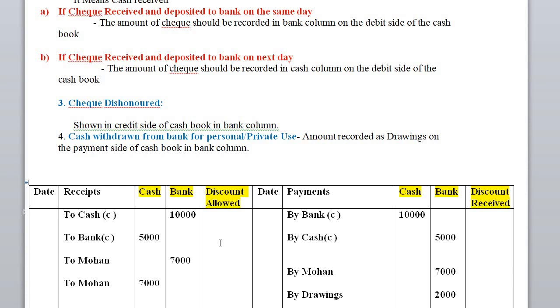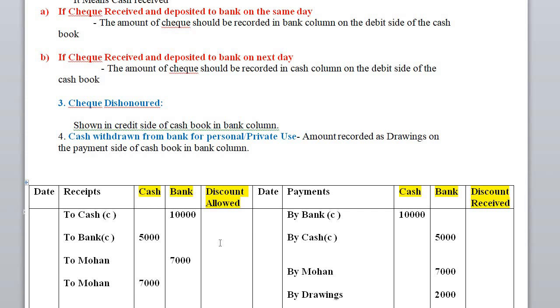The next one, check dishonored. Check dishonored means the banker has refused to make the payment for the particular check. If checks are dishonored or refused by the banker, the check amount should be recorded in the cash book payment side in the bank column.